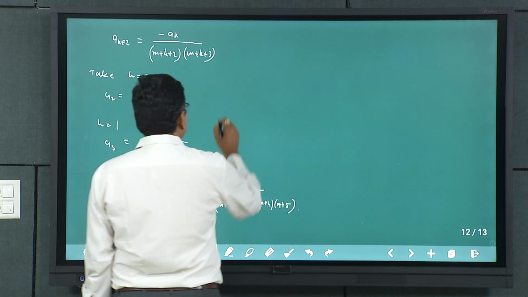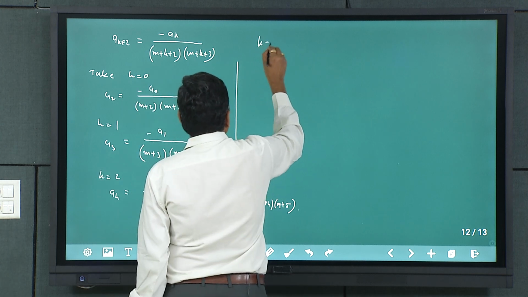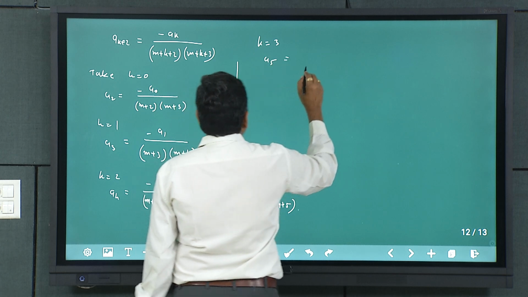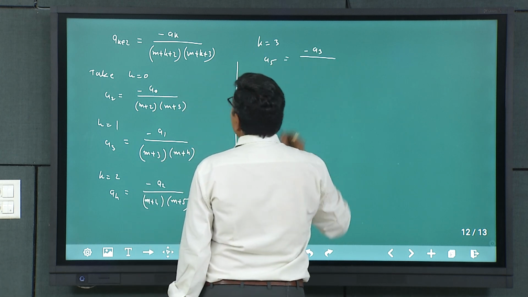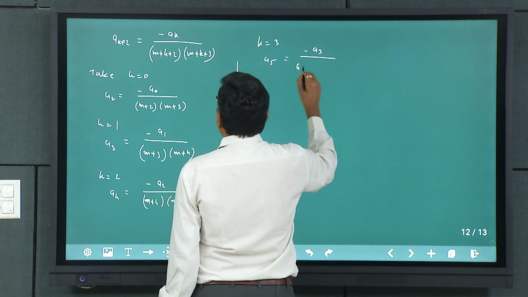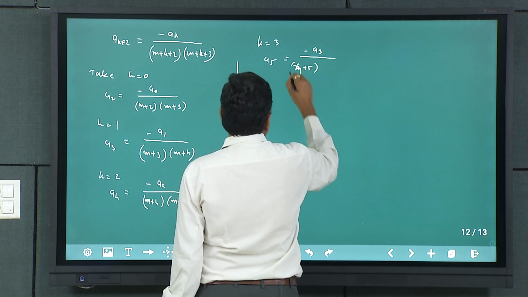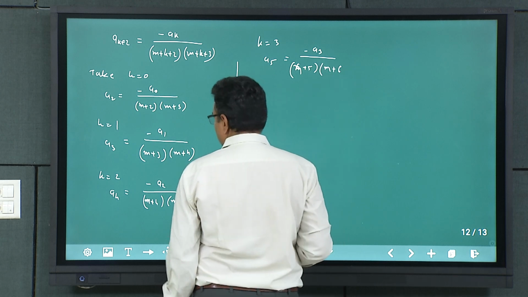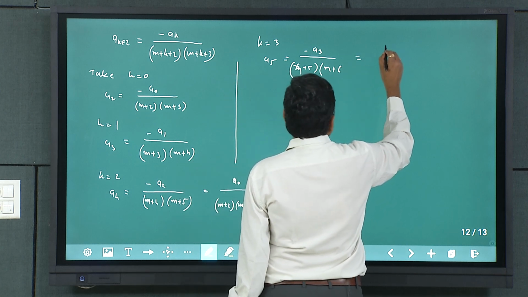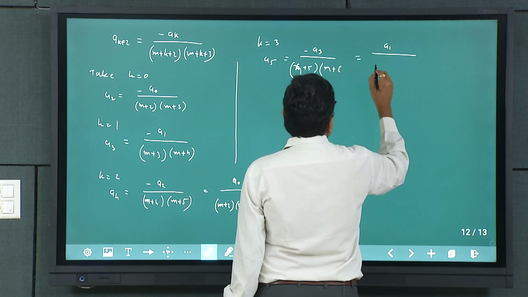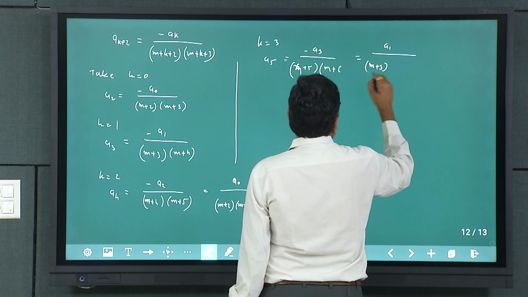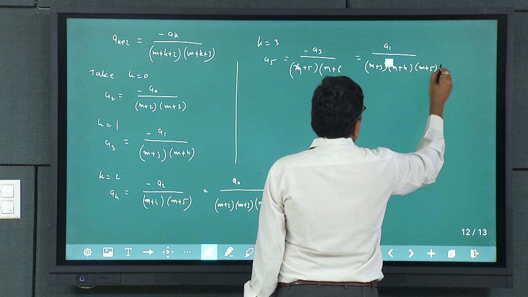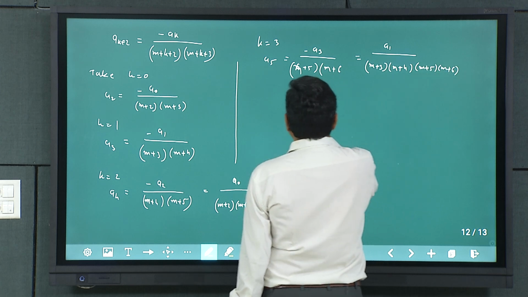right. Now take k is equal to 3. So A5 is equal to minus A3 upon m plus 5 and m plus 6, right. Now A3 is equal to minus A1, so A1 upon m plus 3, m plus 4, m plus 5 and m plus 6 and so on.